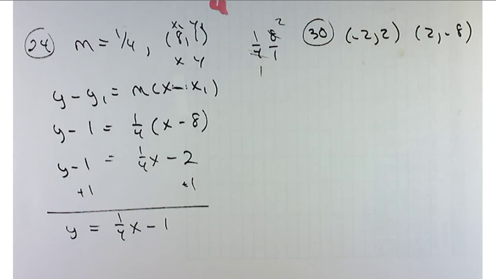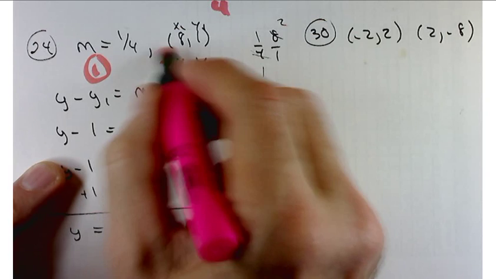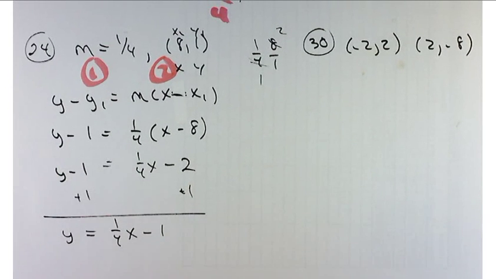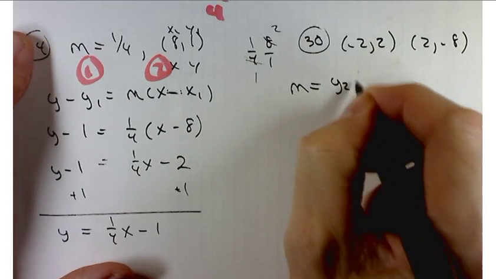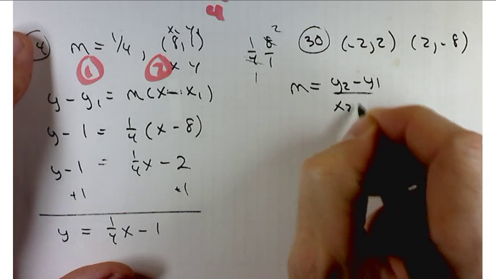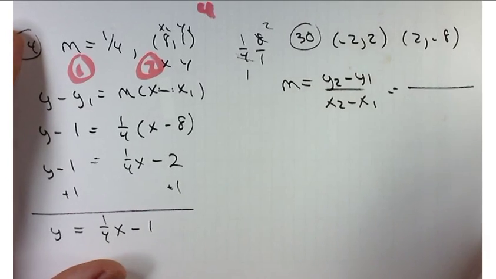Well, I told you that there's 2 things that you need in order to find the equation of a line. One of them was a slope, the other one was a point. But all we have is 2 points. So what are we going to do? Yeah, let's just find the slope. Remember, you have a slope formula. It's y2 minus y1 over x2 minus x1. So good job.